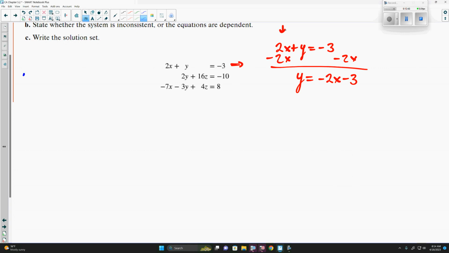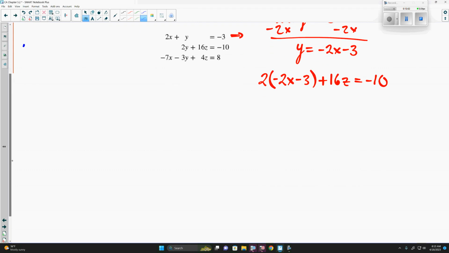And going from here, then, we can use this to get the middle equation technically in terms of x, because I can replace the y in the second one with -2x minus 3 plus 16z is equal to -10. At this point here, we can distribute the 2, telling us -4x minus 6 plus 16z is equal to -10.